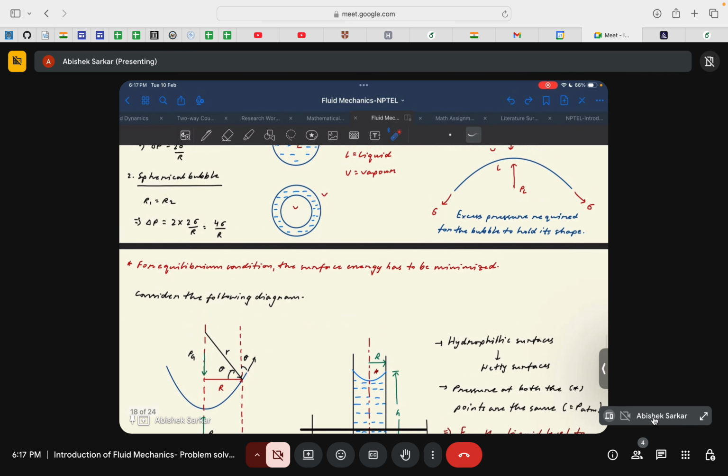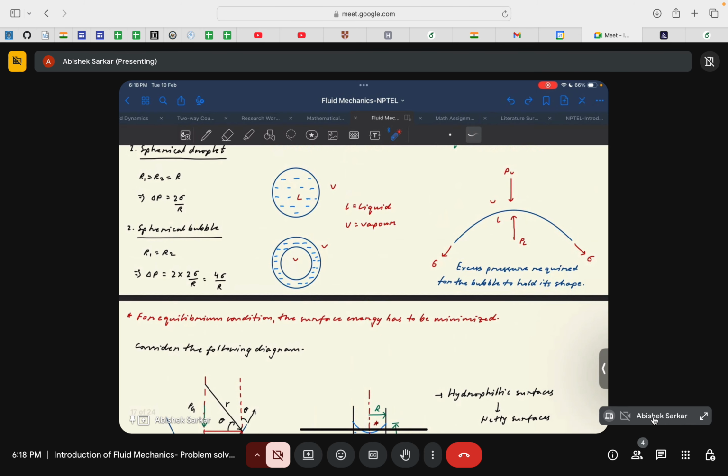And there's one more basic concept: for equilibrium conditions the surface energy has to be minimized. Basically, the shape of the object has to be attained in a way that contains the least surface energy. Just give me some time.